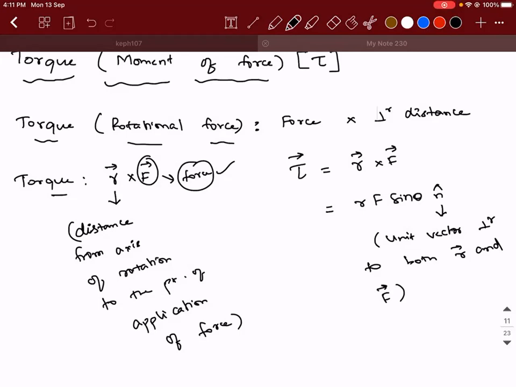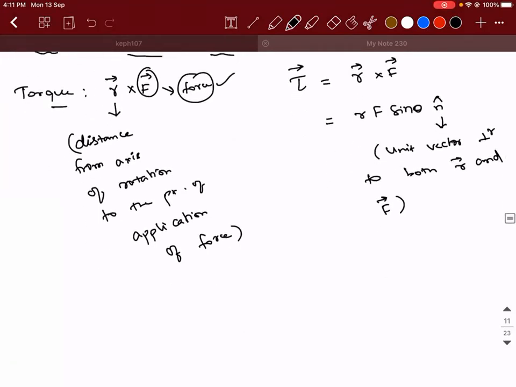Is it clear? So if I take this to be the axis of rotation, this to be the point of application of force, and this is R, let me say this is F vector, then the angle between them is measured like this. Then force into perpendicular distance is going to be r sine theta.